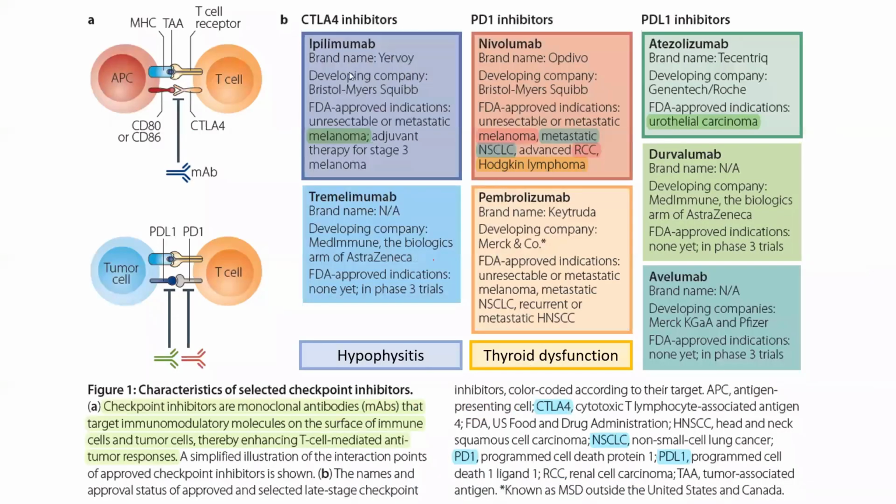So a CTLA4 inhibitor like ipilimumab, which is used for management of metastatic melanoma, the most common endocrinological side effect is hypophysitis. This is a very important one.